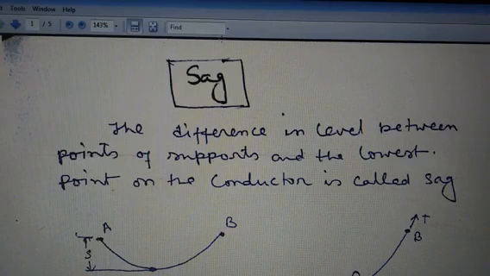Figure 1 shows the conductor suspended between two equal-level supports A and B. The conductor is not fully stressed but is allowed to have a dip.